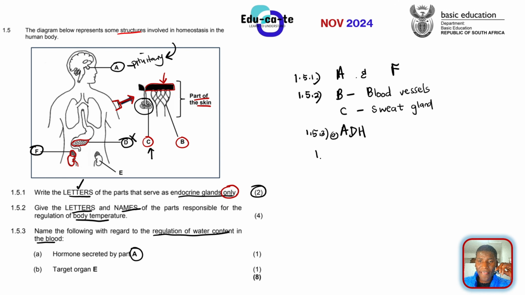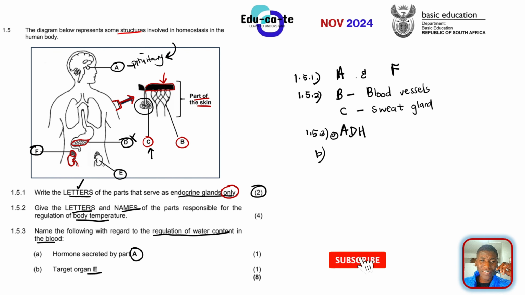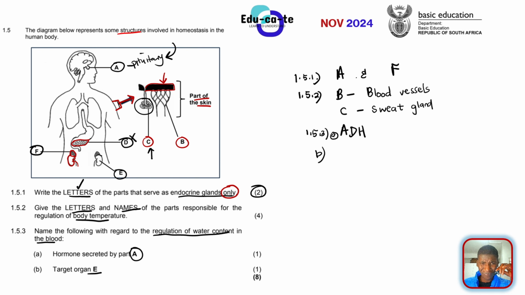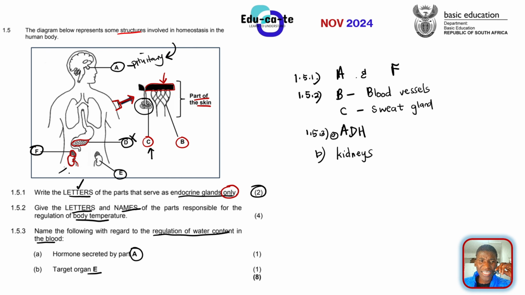This is A, and then B. Now they say B, the target organ. They say now name the following. We are naming organ B. We've already identified that organ B. It looks like a bean. It's a bean-shaped organ. An organ that looks like a bean in the body is known as the kidneys. So here we have kidneys. Remember, when we say that the adrenal gland sits on top, it sits on top of the kidney.